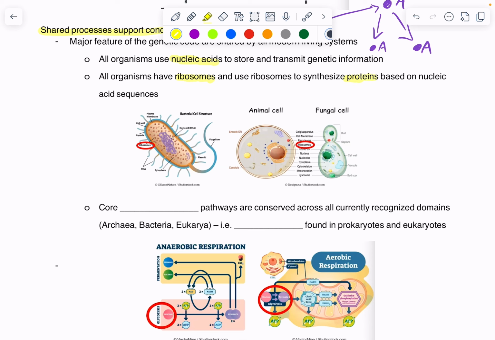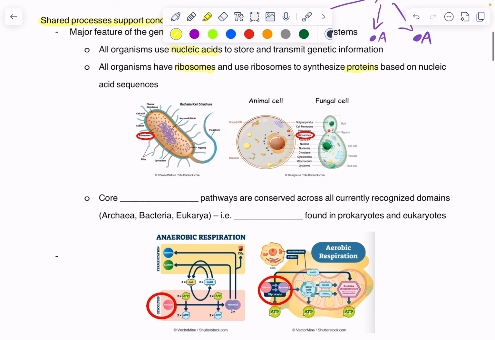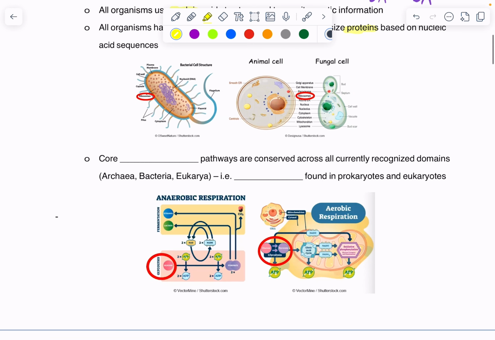Also, all organisms have a cell membrane that's made out of lipids, right? So it's one thing for life to have the same basic functions: protection, genetic information, and proteins. The fact that everything is made out of the same components, the same macromolecules, is evidence of common ancestry.